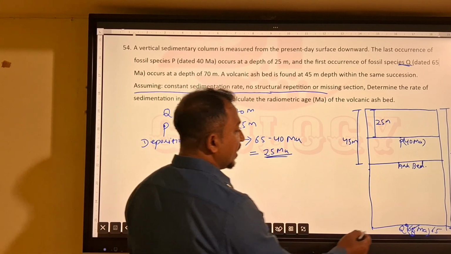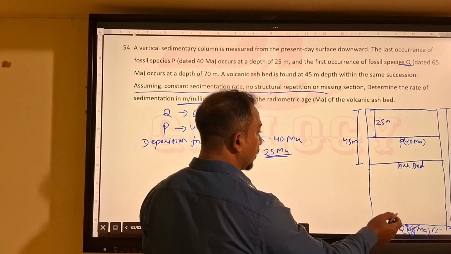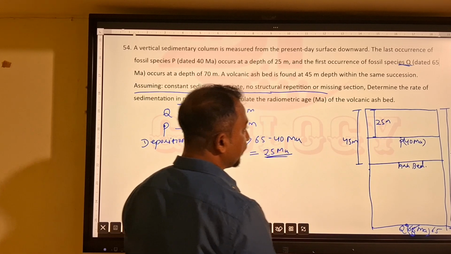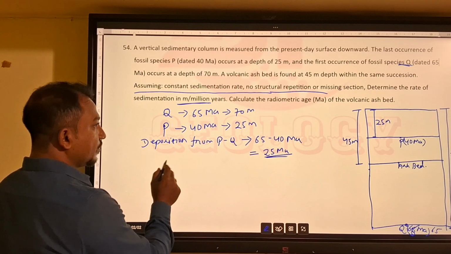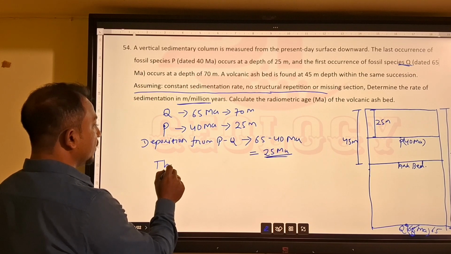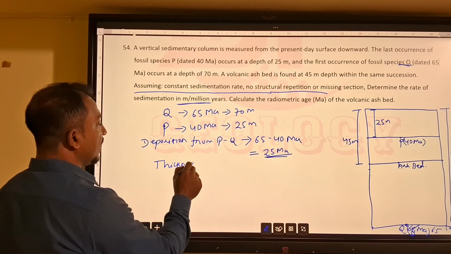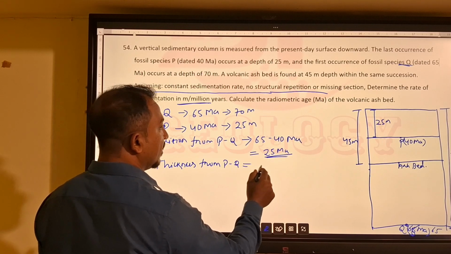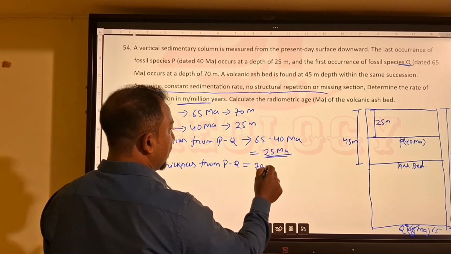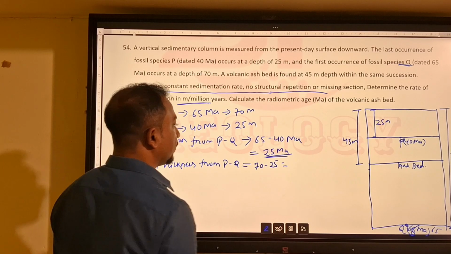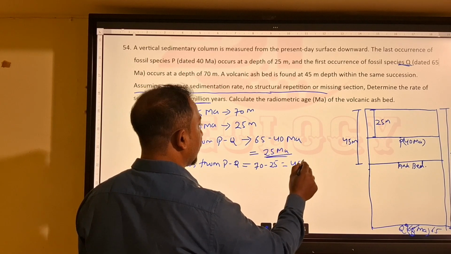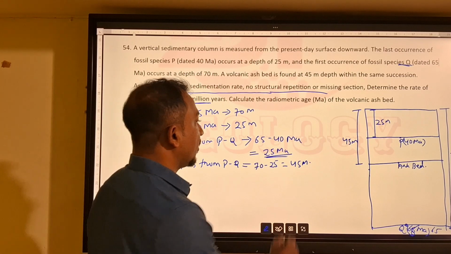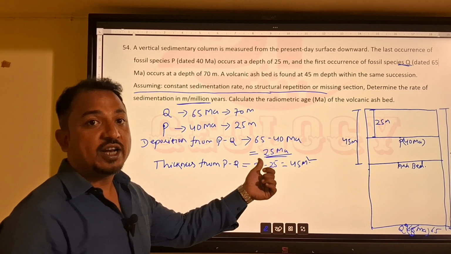Now the thickness from P layer to Q layer will be 70 minus 25, it will be 45 meters. Now see, 45 meter deposited in 25 million years.